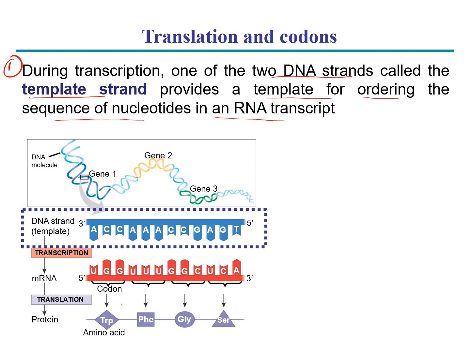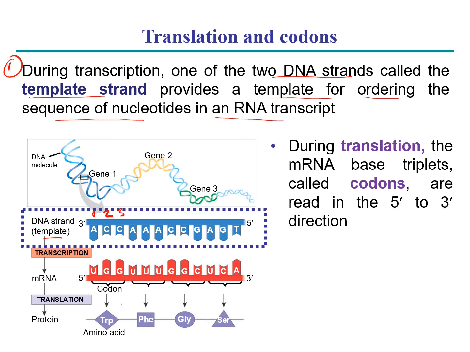So for example, this DNA strand will tell you that first will go an A, then a C, then the third one will be another C. The second thing that I told you is that during translation, you have messenger RNA-based triplets, these ones, that are called codons, and that are read in a 5' to 3' direction.